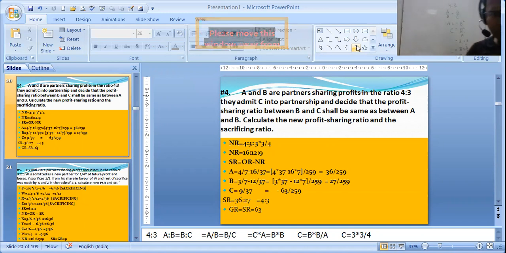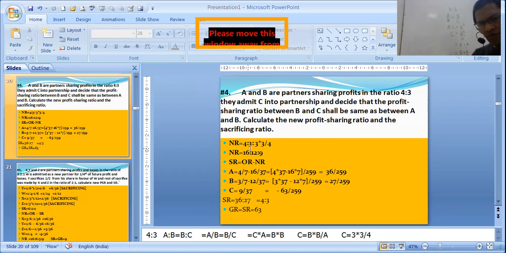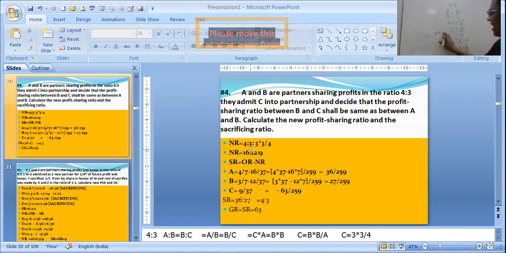Now see the solution over here. A's ratio is 4, B's ratio is 3, and C's ratio is 3 into 3 by 4. To make it simple, I multiply each of them by 4: 4 into 4, 3 into 4, and 3 into 3 by 4 into 4.